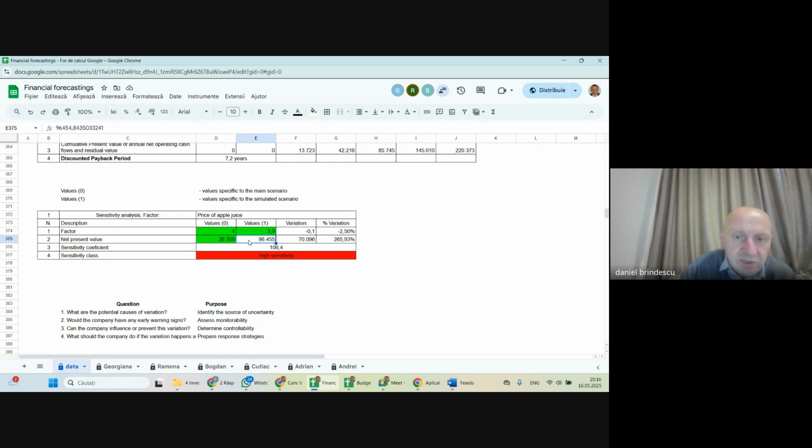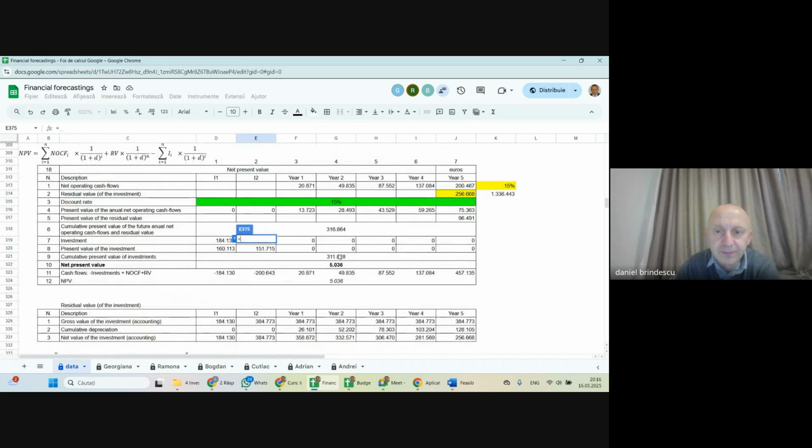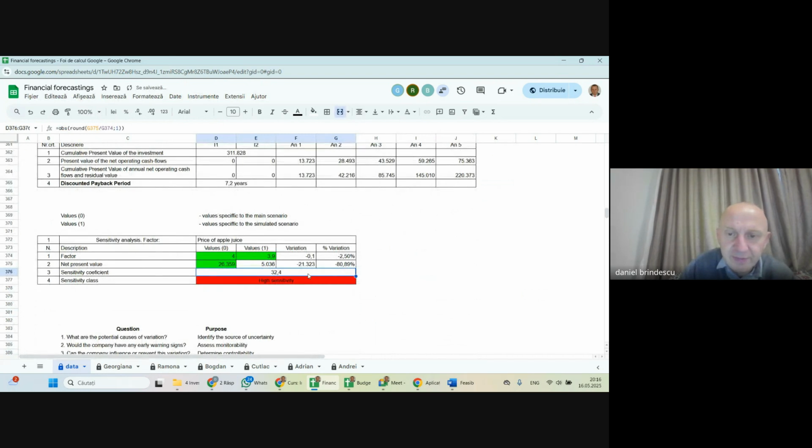Now, the net present value decreases to 5,000. So by 80%. The ratio between the two, between the relative variation of the net present value and the relative variation of the factor, the price, is 32.4.